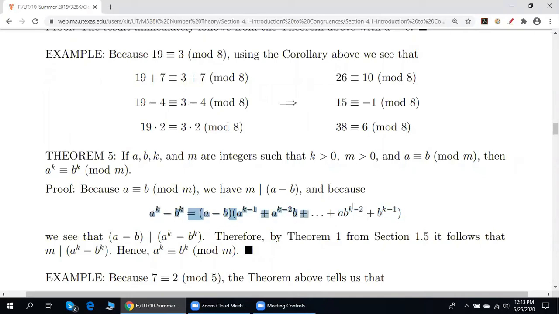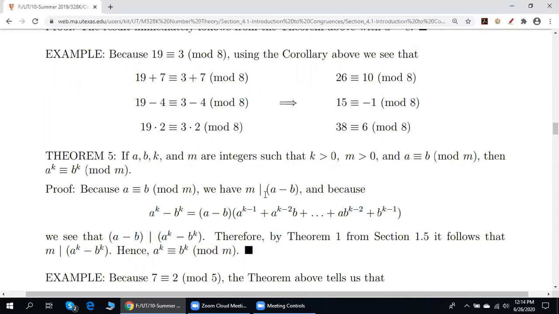According to what is written here, since this is an integer, by definition of divisibility, A minus B divides A to k's power minus B to k's power. It's exactly what is written here.